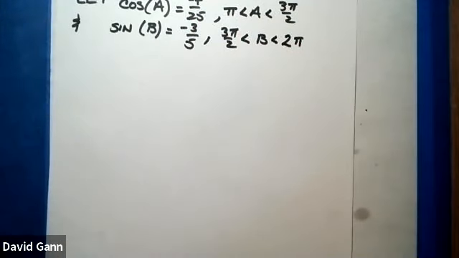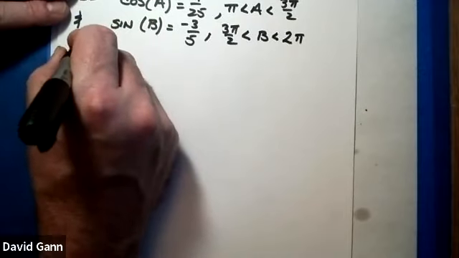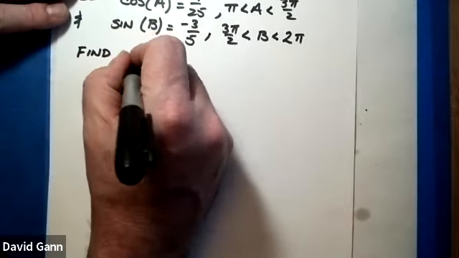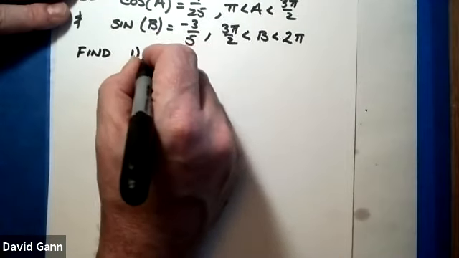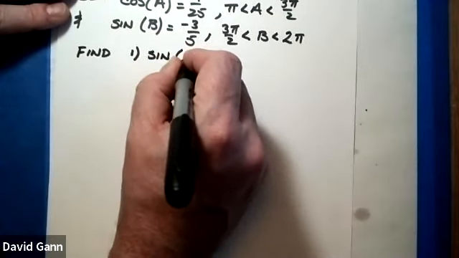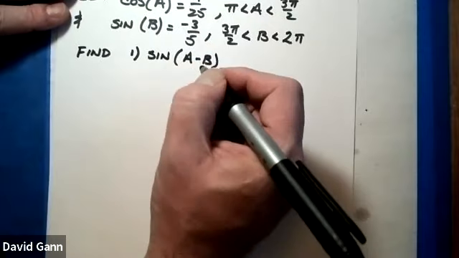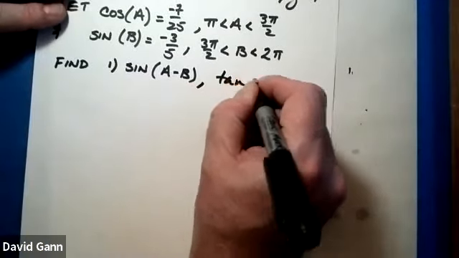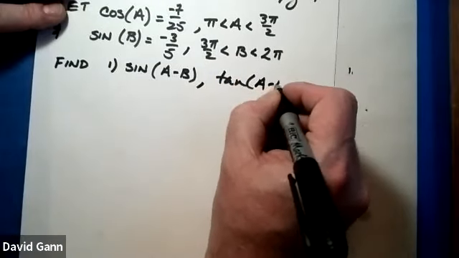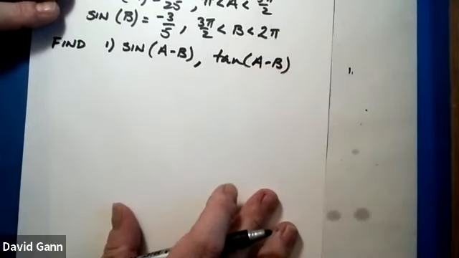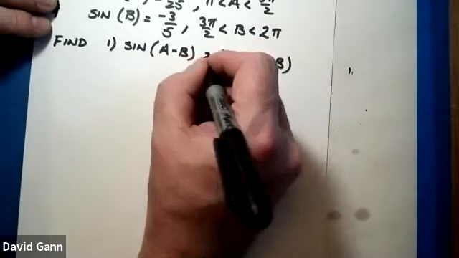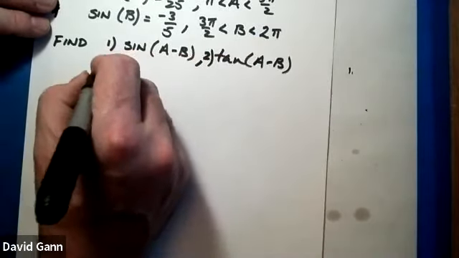Okay, and let's say that we would like to find a couple of things. Let's find sine of the difference. Let's find maybe say tangent of the difference. And also, let's maybe do a sum in here.